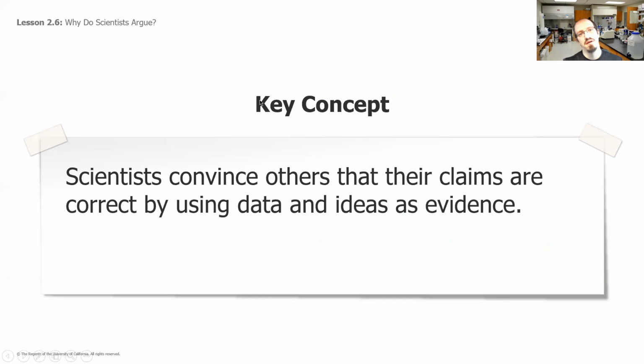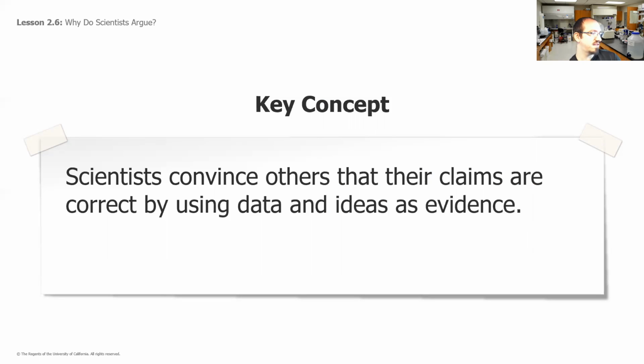So, this is our new key concept, and it's that scientists convince others their claims are correct by using data and ideas as evidence. So go ahead and write this down in the box up to the right now, and also in your paper notes so you can refer to it easily in the last few lessons of our semester here. So scientists convince others that their claims are correct by using data and ideas as evidence.